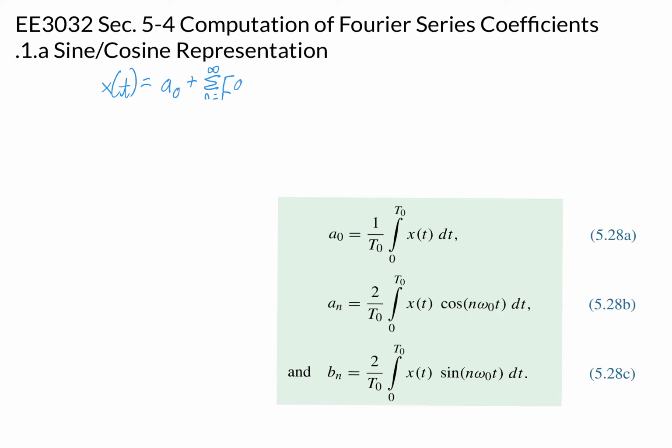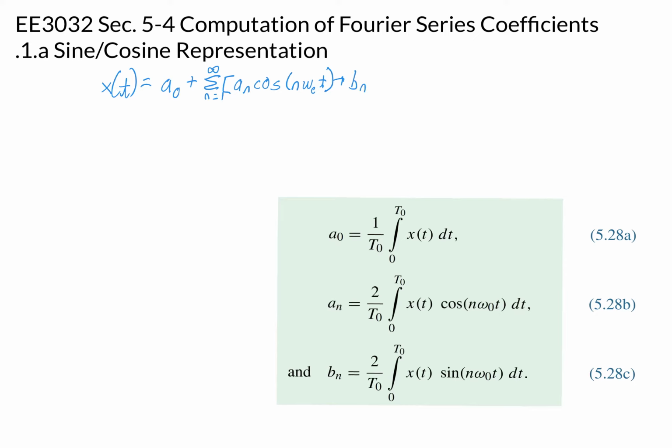We start with the cosine term, which is a of n cosine, and then we have a frequency and a time variable here. The frequency is n times the fundamental frequency, and time, no phase shift. When we use this form, the phase information is taken care of by the relative weighting of the sine and the cosine, the odd and the even parts.